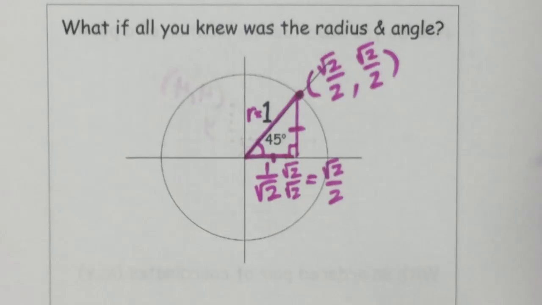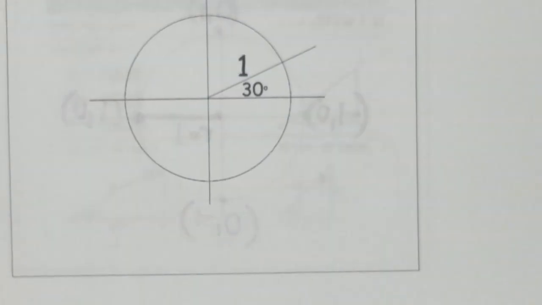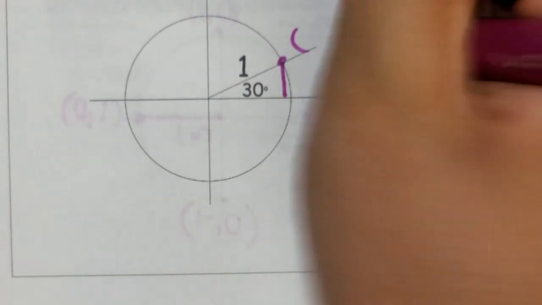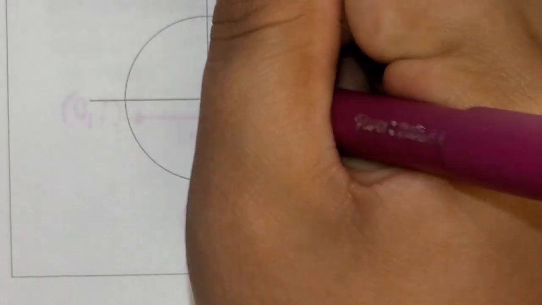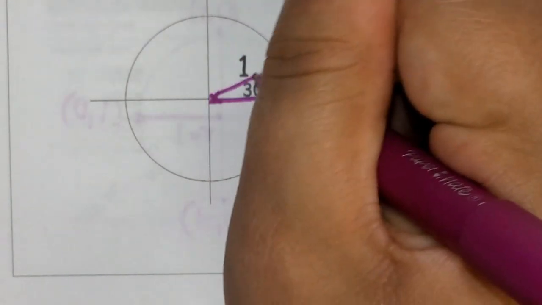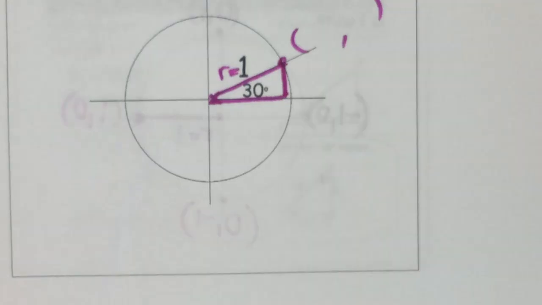Alright, let's do the same thing for 30 degrees. For 30 degrees, how do I find my coordinate here? Remember, we don't go around the 30. If I know my hypotenuse is 1, what do I know?